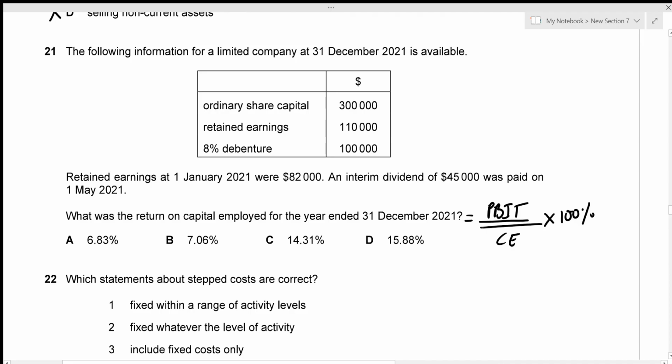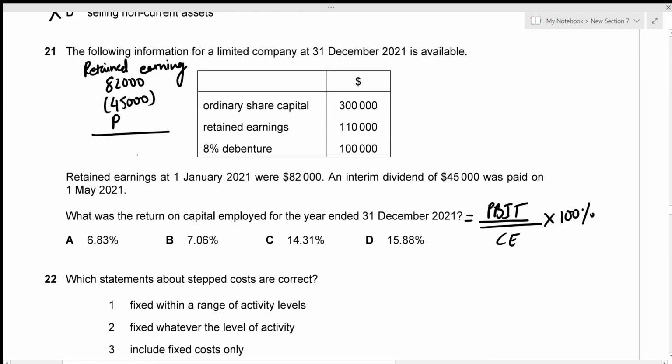So in order to figure out the profit before interest and tax, we need to figure out profit for the year. And in order to figure out profit for the year, I'm just going to create the schedule for retained earnings, because we're given the opening value as well as the closing value and the amount for the interim dividend. So the opening value is going to be 82,000, and we gave out a dividend of 45,000, so that's going to be deducted, and profit for the year is added.